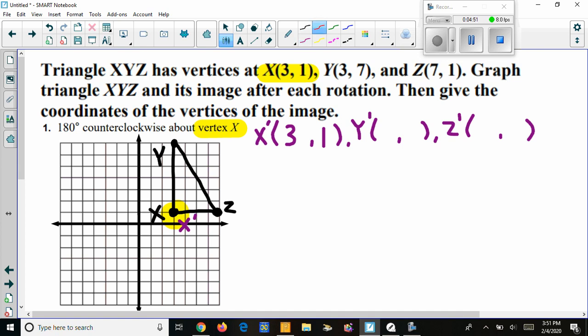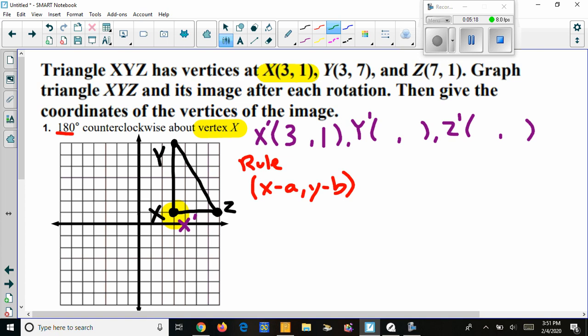For 180 degrees, our rule is X minus A, Y minus B. So we will have to count the vertical and horizontal distances from X to Z and Y separately for us to find these points.